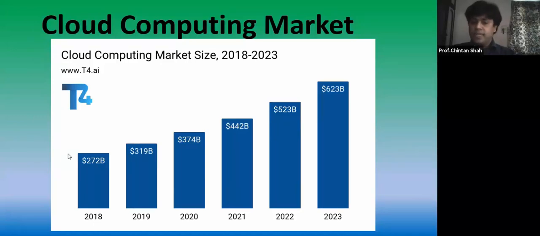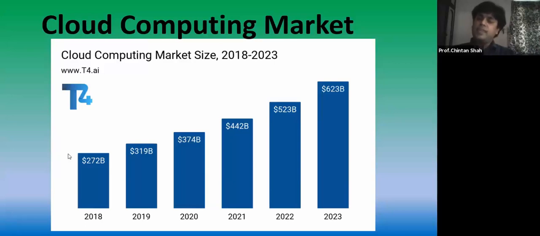So it is projected that by 2023, it is going to reach $623 billion. When you have such a huge market, obviously there will be a lot of cloud service providers ready to give cloud services. So this is the market size for cloud computing.